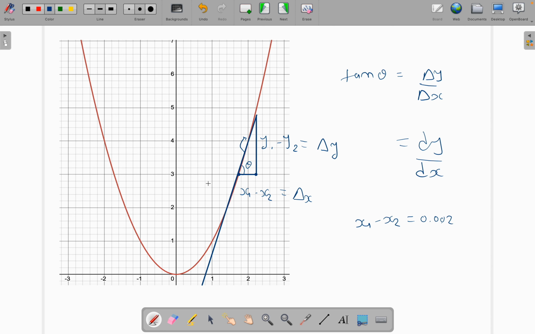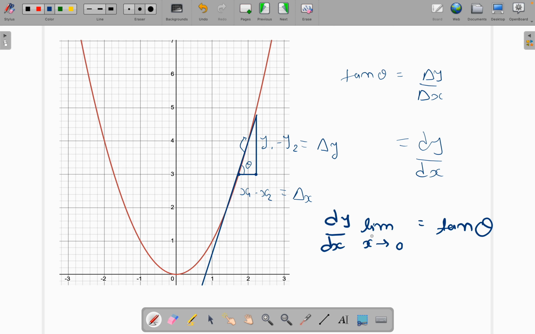So I can write that dy by dx, limit delta x tends to 0, is equal to tan theta. When delta x is very small, near to 0, we are taking a very small step on the x side and then calculating how much y is changing, so it can be written as tan theta, right?